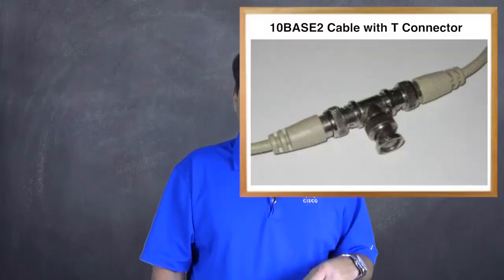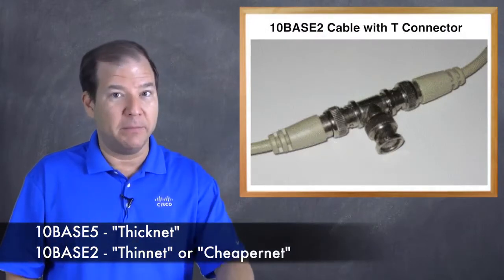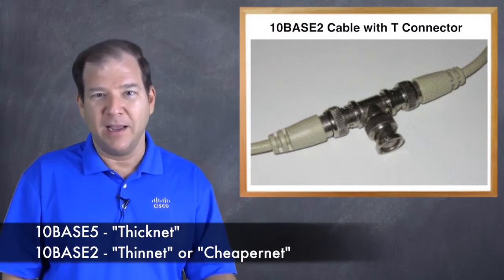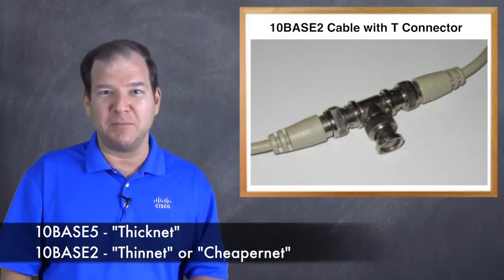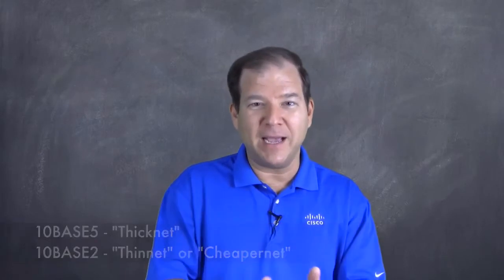A more economical type of cable, a thinner cable, was used by 10Base2. 10Base2 was called thinnet because it was a thinner cable. 10Base5 was called thicknet. In fact, 10Base2, because it was less expensive, also became known as cheapernet. And you might guess 10Base5 is 10 megabits per second, baseband, 500 meters.